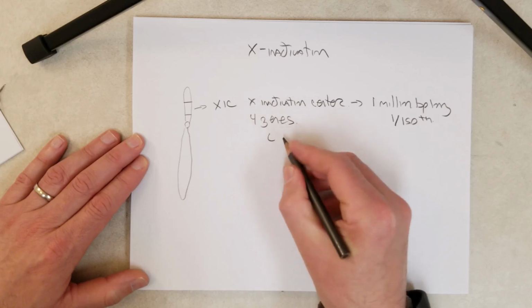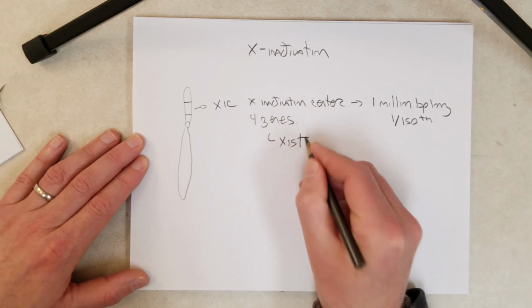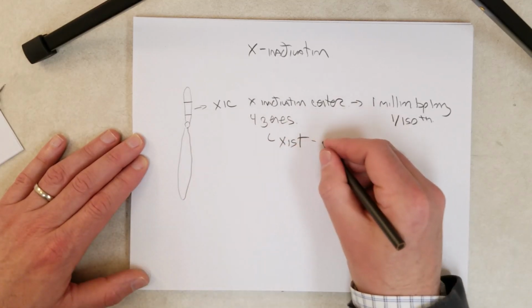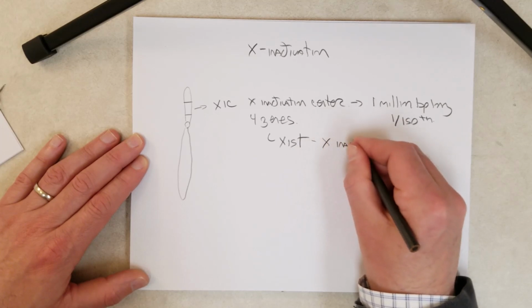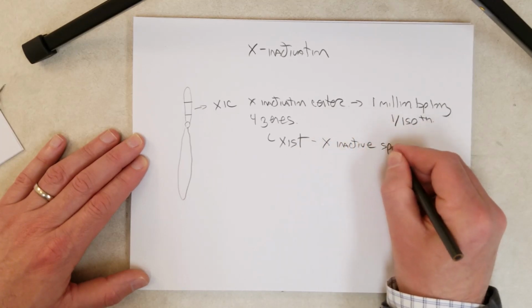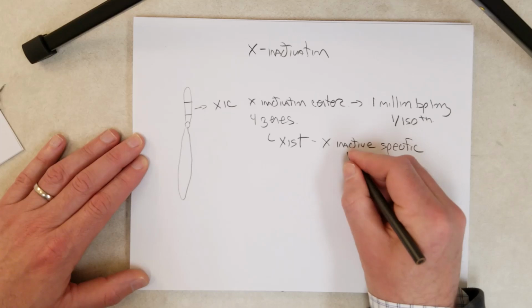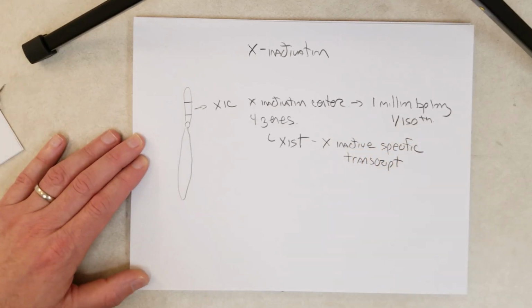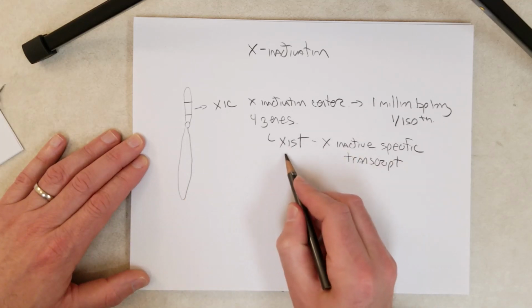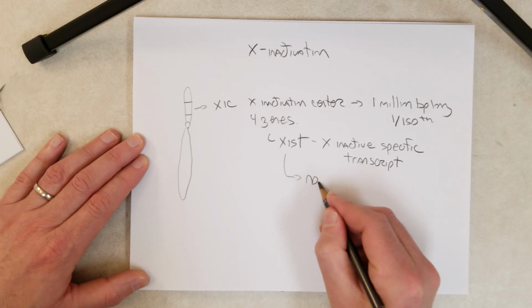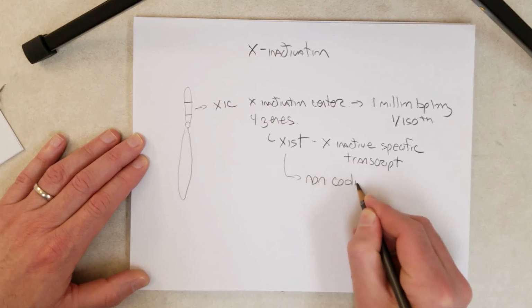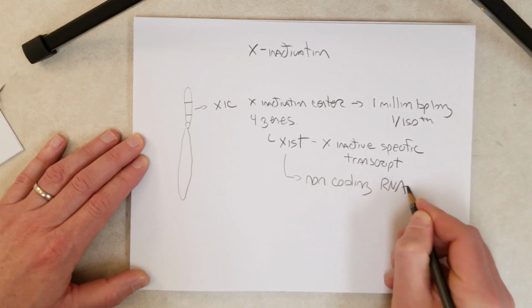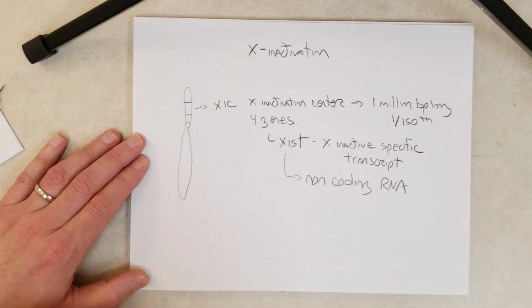So 4 genes, one of those genes is called XIST, for X inactive specific transcript. Now, XIST is an example of a non-coding RNA. What does that mean? So it's not translated into a protein.